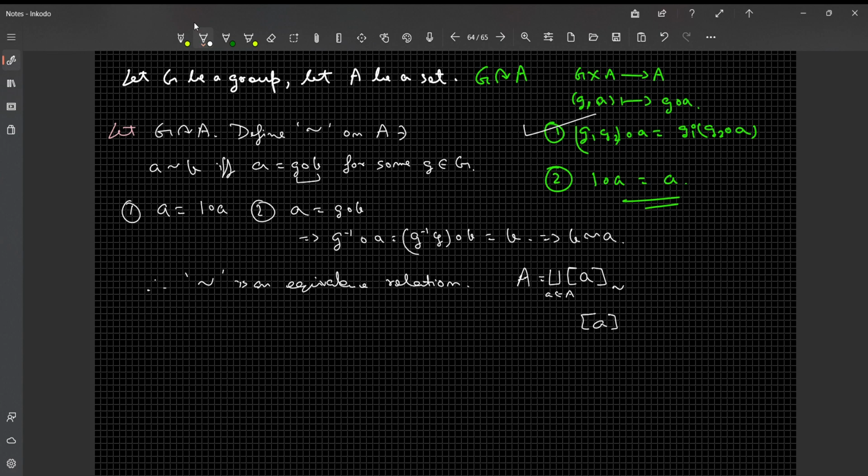So if the intersection of the equivalence class of a and the equivalence class of b is non-empty, then they are equal. Correct? Okay. So now our claim.